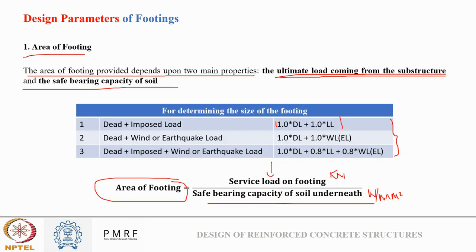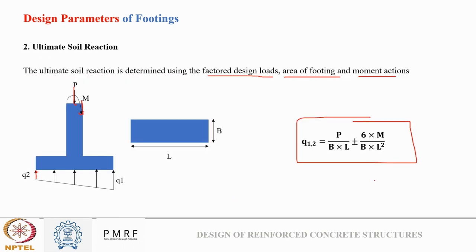Just rearranging this formula, safe bearing will come here and area will come here. So my bearing capacity of soil will be nothing but factored load upon dimension of footing, plus or minus 6 times M by B L square. How did this come? This is nothing but M by I, M by Y, which is nothing but I by L, so using that formula it came to B L square by 6.